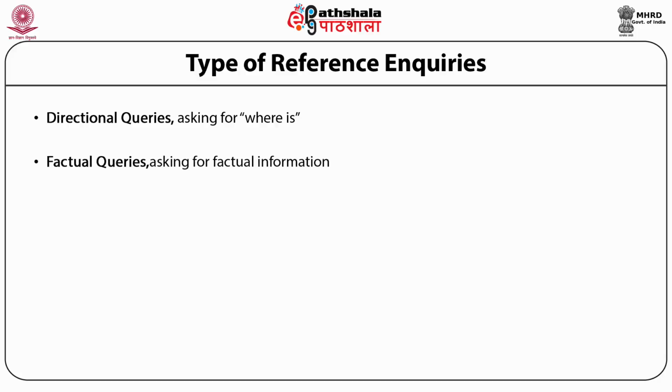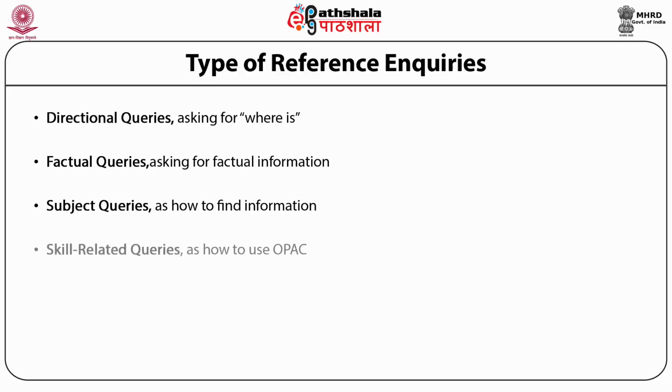Factual queries involve asking for factual information which is invariably data-based. Subject queries ask how to find information on a given subject of interest to the users at a given point of time. Skill-related queries ask how to use the online public access catalog in the library.